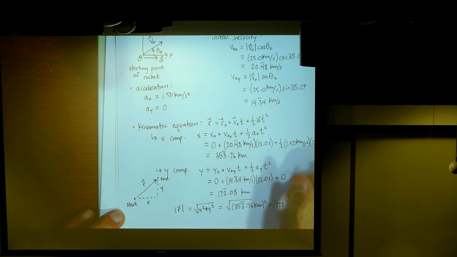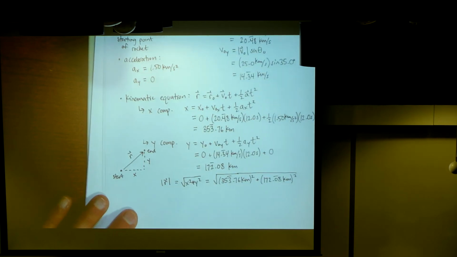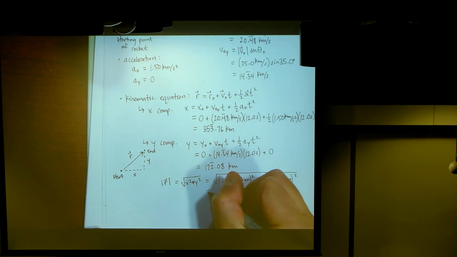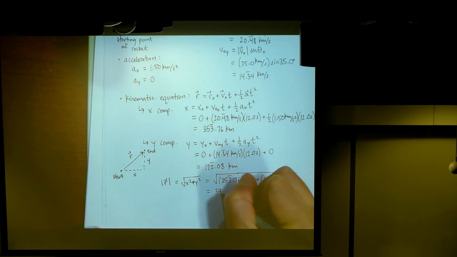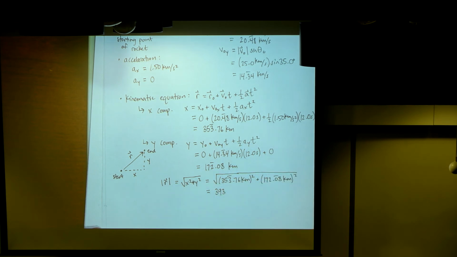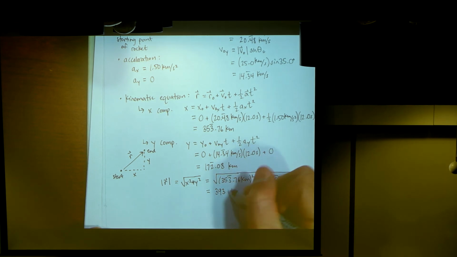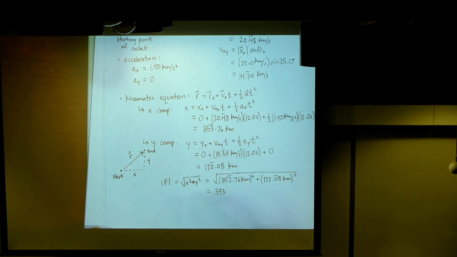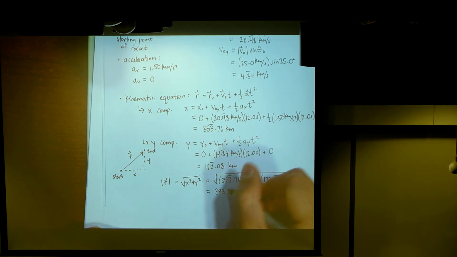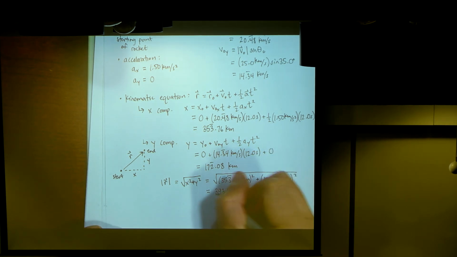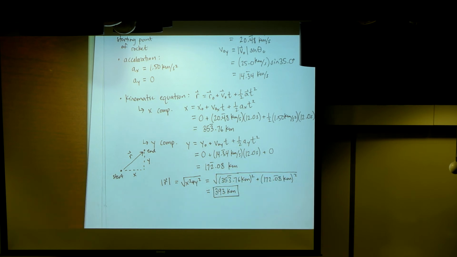We'll square it, and then put that under the radical. And let me know what you get for this. 393.3. Yeah, so I'm getting like 393.3. So when we round it off, it's just 393, right? So that's our final answer. So that's how far you moved in 12 seconds.